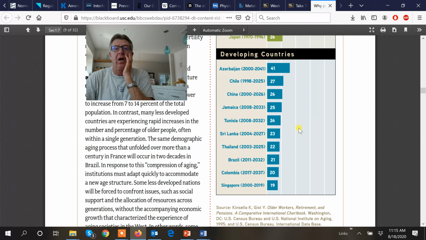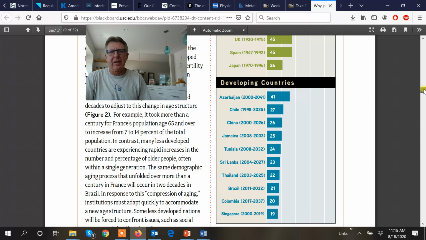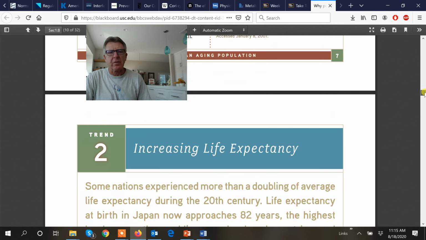A lot of the technology and know-how about keeping people alive is percolating into these developing countries, and so people are living longer. We see how rapidly the population is aging, and they're not ready for it. They don't have nursing homes, assisted living facilities. They don't have pension systems. And likely people are not saving either. So it's a big deal.